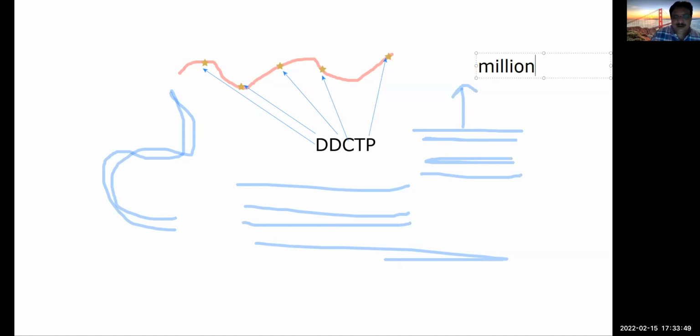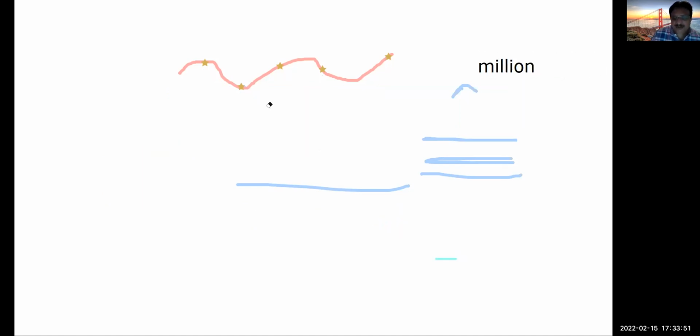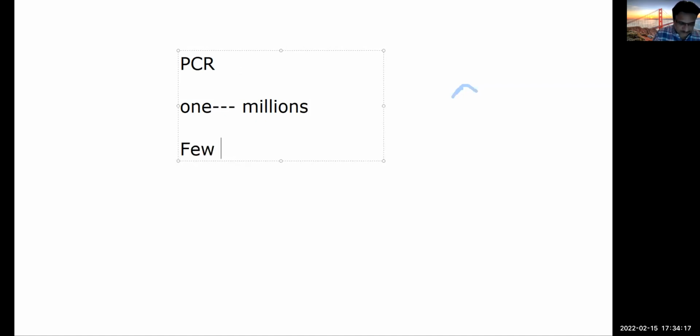So PCR, polymerase chain reaction, is a technique or technology that can be used to amplify DNA from 1 copy to millions of copies, and this can be done as quickly as in 1 to 2 hours, a few hours.